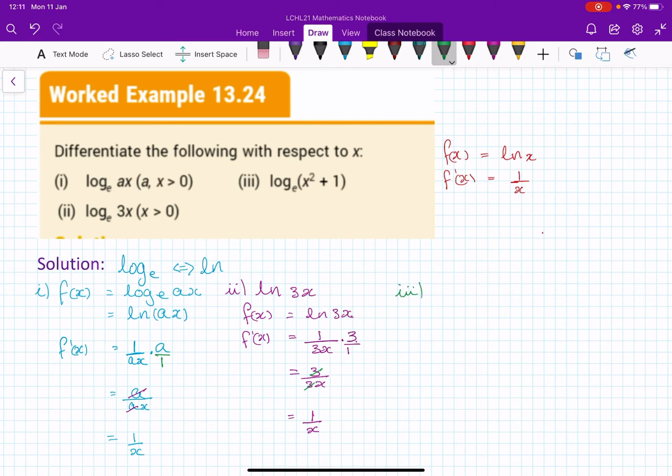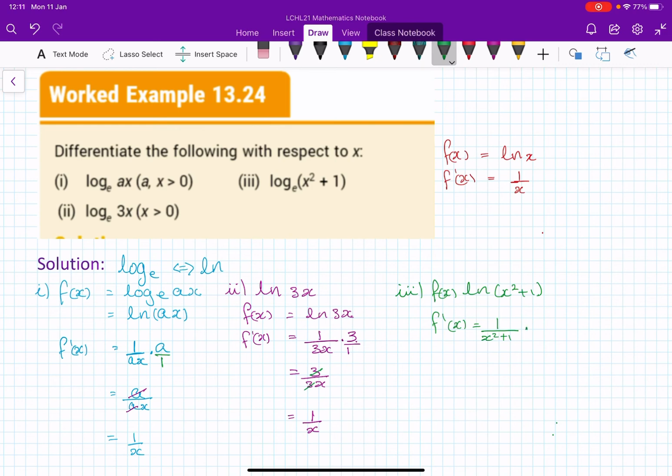And now the third one, my f of x this time is ln of x squared plus 1. So my f prime of x is, remember, I differentiate my natural log first. That's 1 over whatever comes after the ln, that's x squared plus 1.